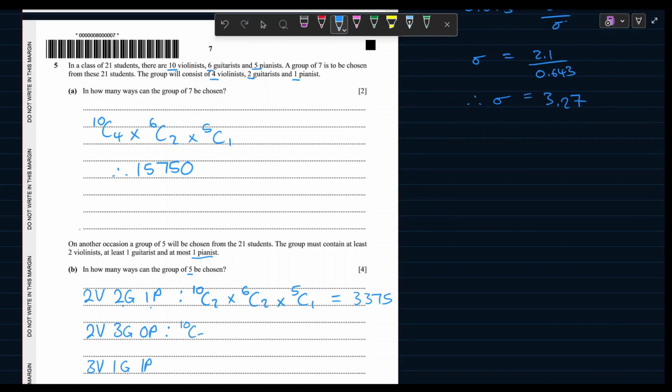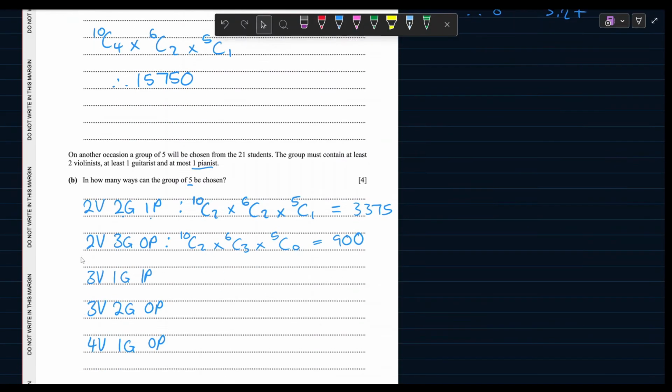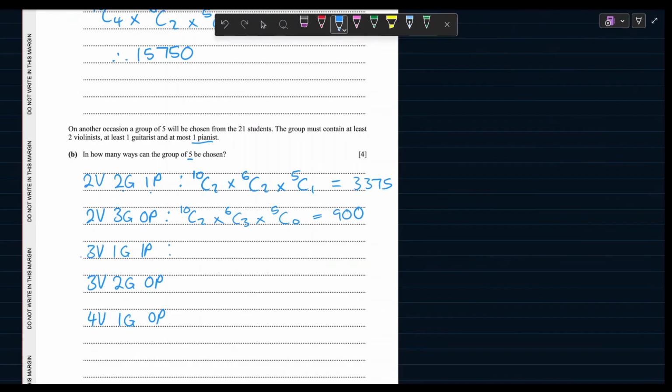Again, we're picking 2 violinists from 10, and now we're picking 3 guitarists from 6, so 6 choose 3, and then 0 pianists from 5, so 5 choose 0. This is equal to 10 choose 2 times 6 choose 3 times 5 choose 0. That's 900. And then the next scenario, we are picking 3 violinists from 10, so 10 choose 3 multiplied by 1 guitarist from 6, so 6 choose 1 multiplied by 1 pianist from 5, so 5 choose 1.